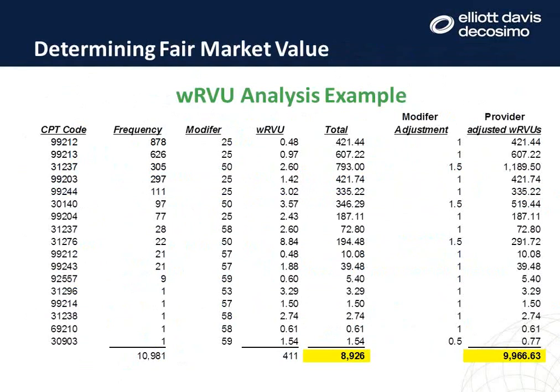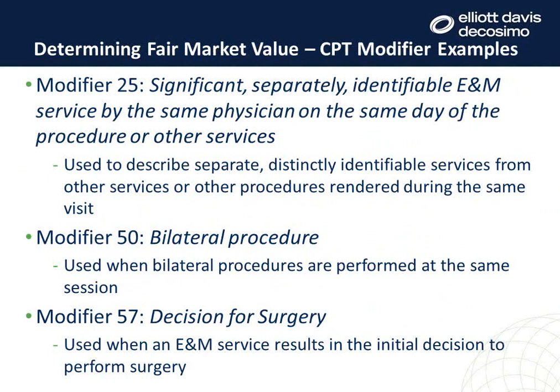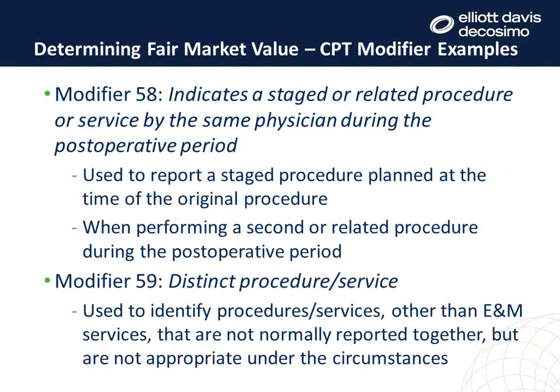Instead of increasing the number of RVUs as it did here with making sure the bilateral codes were noted, the secondary procedures not being noted meant we actually had to go back, and in a couple of these cases they were our physician clients, and tell them that, no, that RVU number was too high, and then work through what the proper number was, because we were concerned that they would be overcompensated. Likewise, if you're paying a physician on RVUs today, part of your ongoing compliance should be looking at those RVU reports to make sure the modifiers are included.